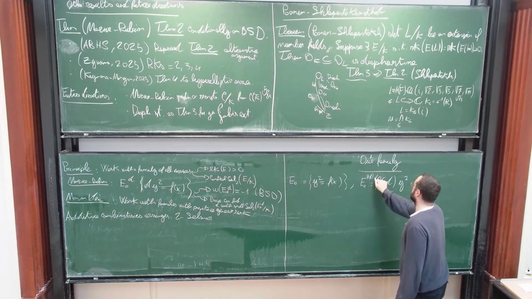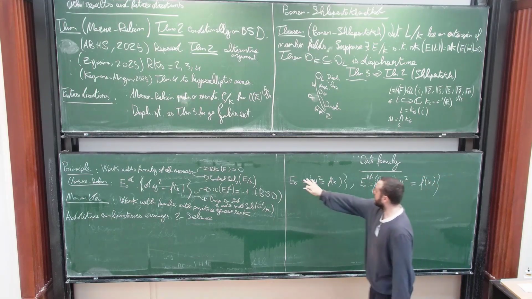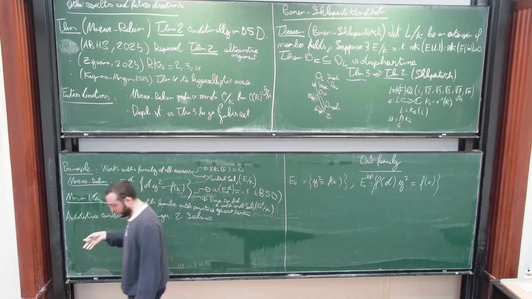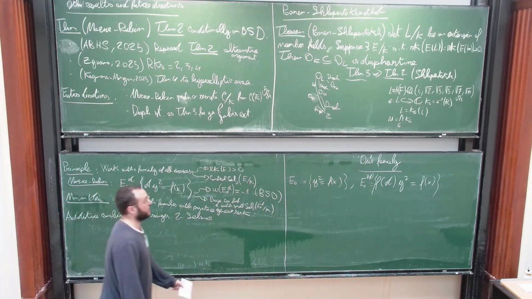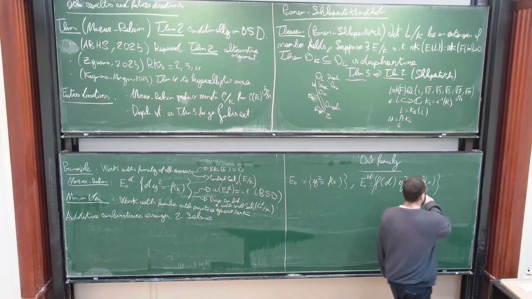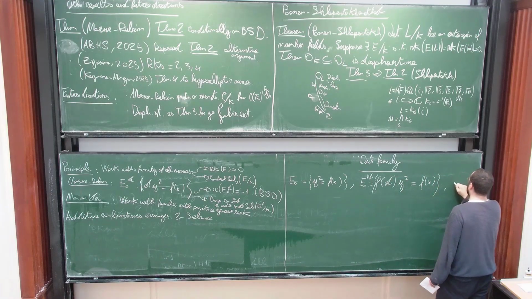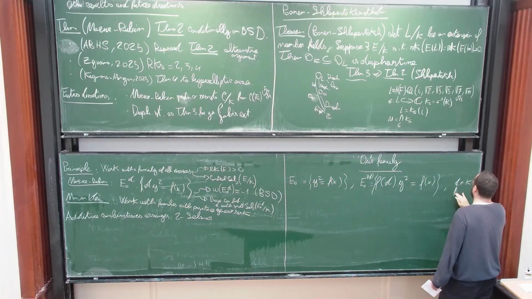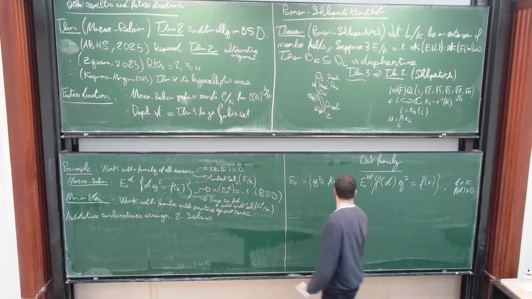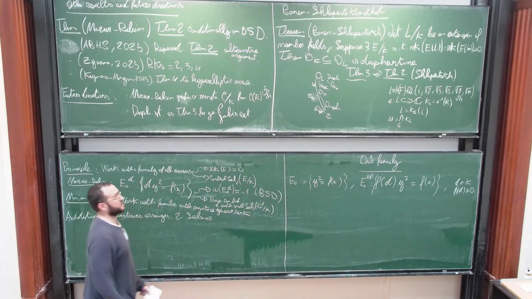You quadratic twist your starting elliptic curve by the values of the same Weierstrass equation. So d here will run over K except for 3 values. Just avoid the roots of f, and then this is a very nice elliptic curve.